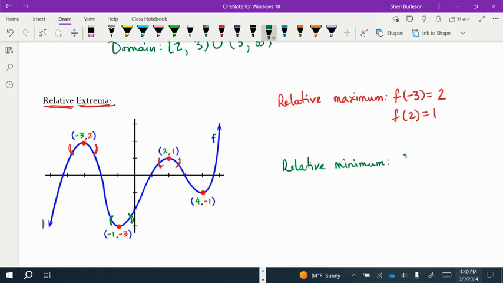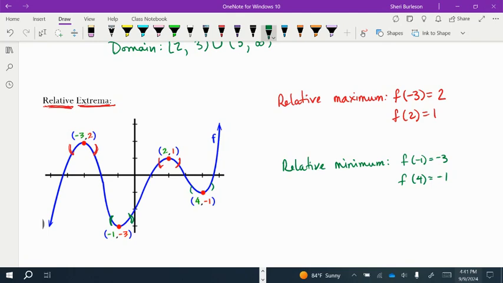So my relative min here is going to be f of -1 equals -3, because -3 is the minimum y value relative to the points near that point. There is another: f of 4 equals -1.